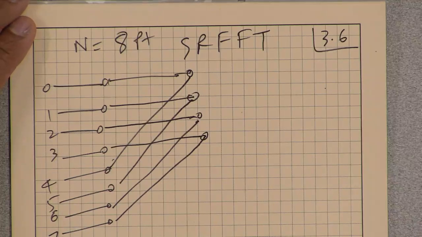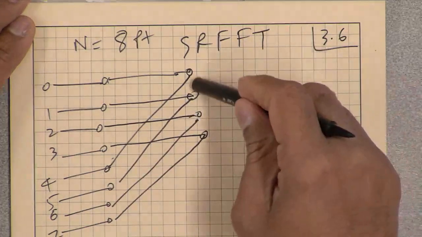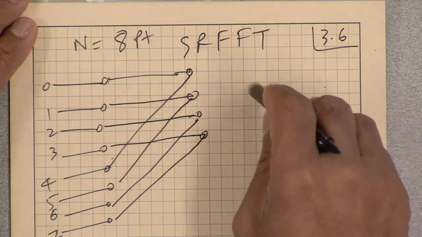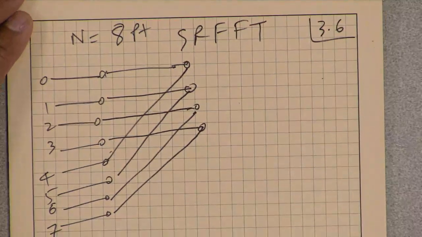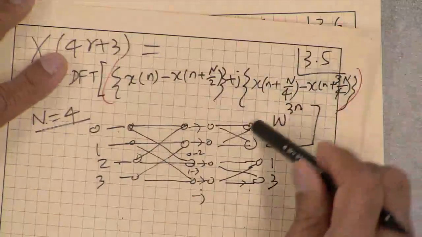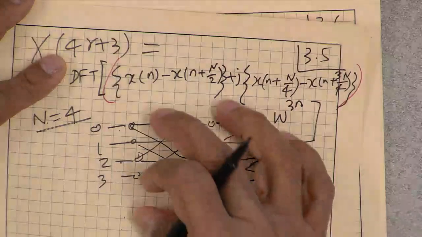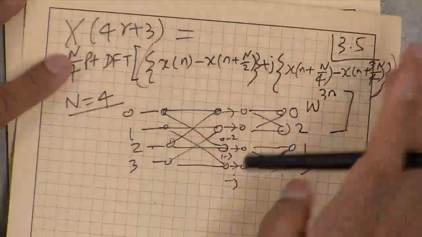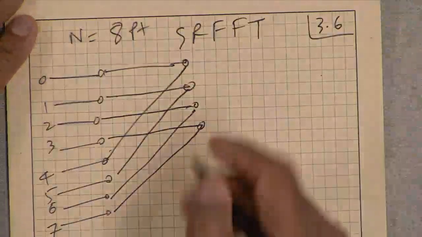Okay, now what are we supposed to place here? What we place here is the 4 point, that's the n by 2 point. So use the same split radix FFT. So what should really be placed here? Nothing but this one, the 4-point split radix FFT. So just grab this and paste it here, right? The only thing here is minus j, everything else looks familiar.